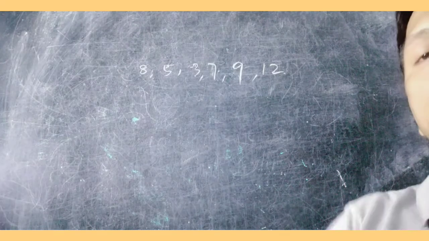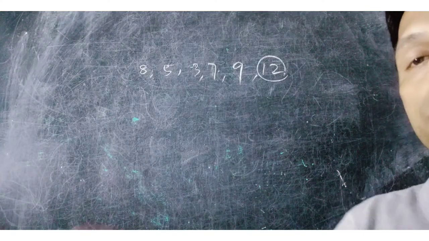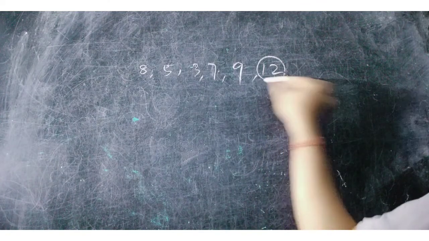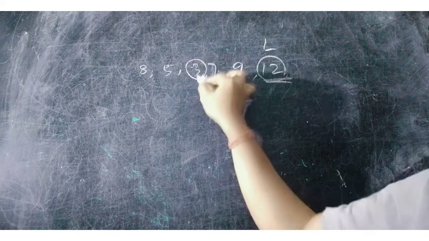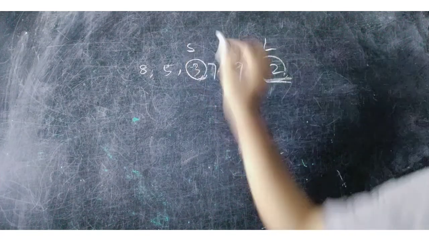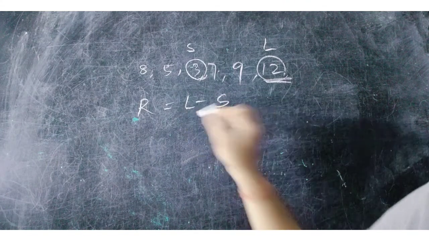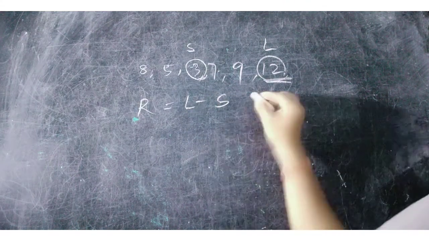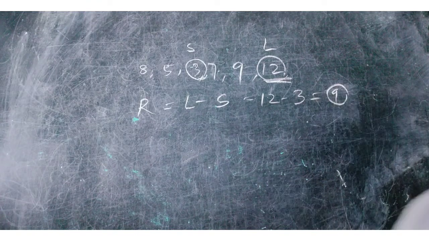It is not properly arranged. How can range be calculated? The largest value is 12, the smallest one is 3. The range is equal to largest minus smallest value, that is 12 minus 3, which is equal to 9.